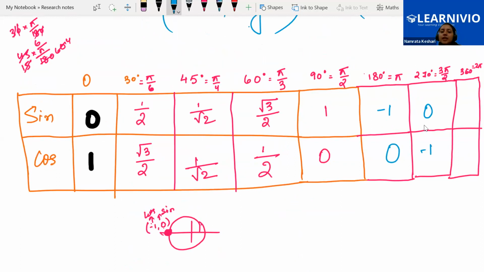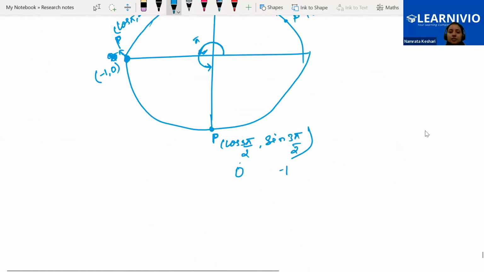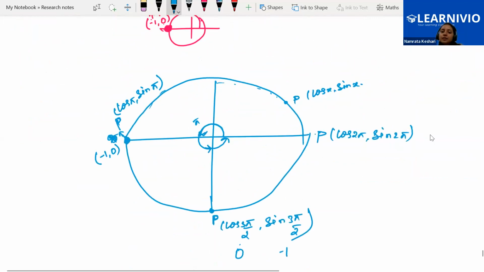And what about now? It just came from here and has gone over here, covering the complete 2 pi angle. Now it is cos 2 pi and sine 2 pi. Tell me what will be the value of cos 2 pi and sine 2 pi.